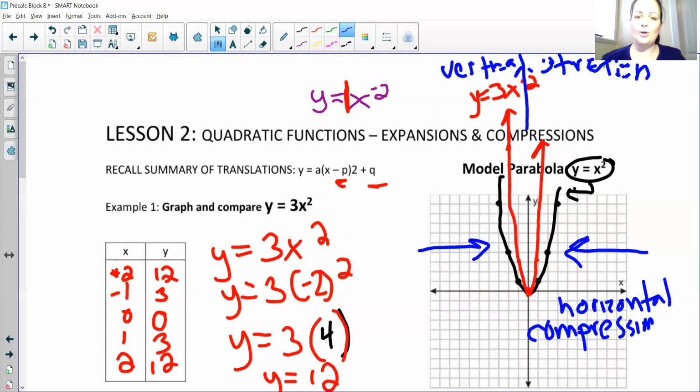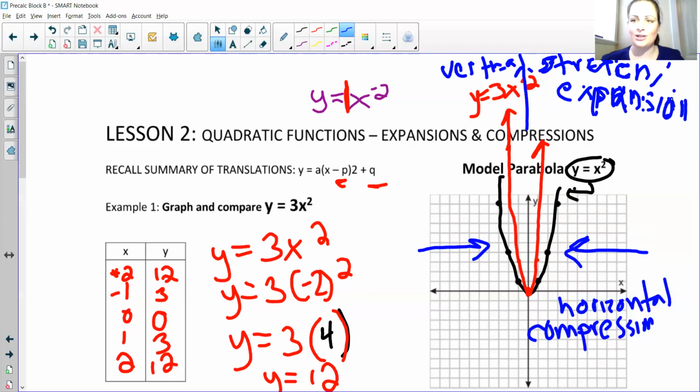Another word for stretch is expansion, except it doesn't really look like an expansion in this case. Vertical stretch seems like a better fitting description for what goes on here. So you know what I mean.